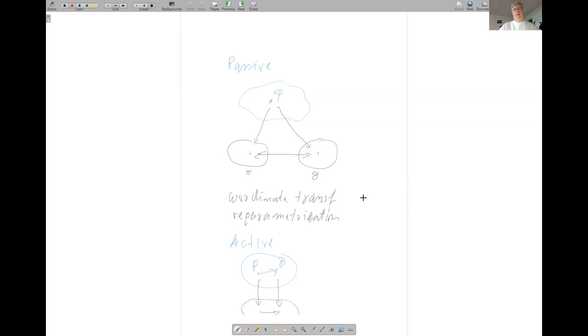Another point of view, which is often taken in the mathematical literature, is the active point of view. So we take a point P and use the transformation generated by a vector field to move it to a nearby point P tilde, and describe this then again using coordinates, where of course moving from a point to a different point also moves from one coordinate value to a different coordinate value.